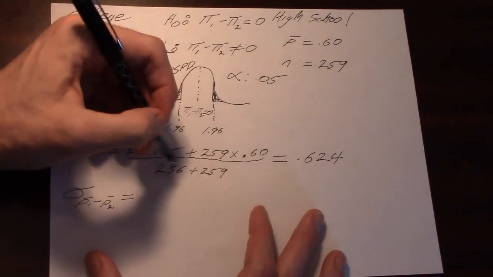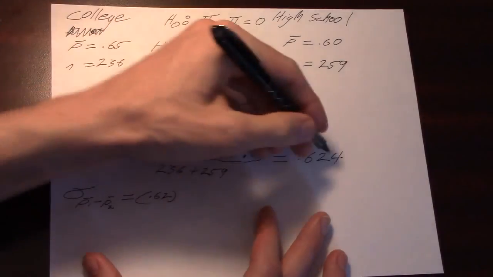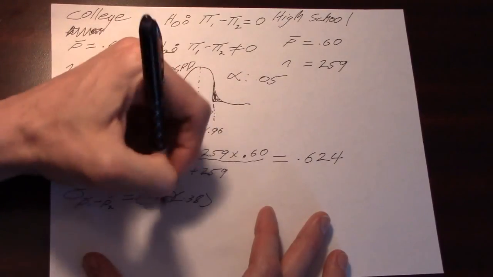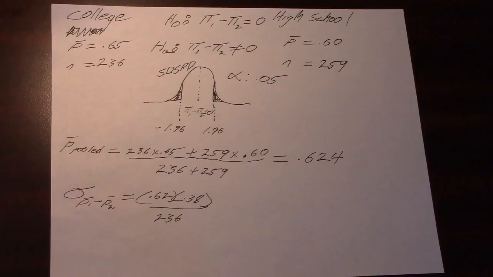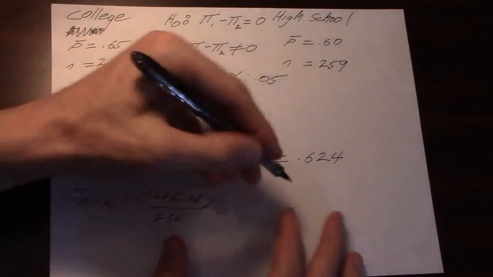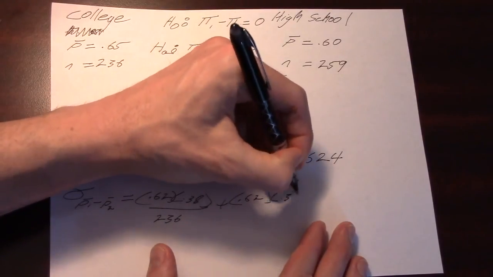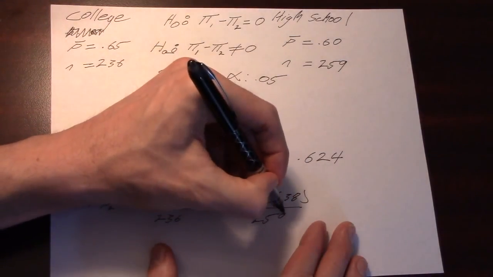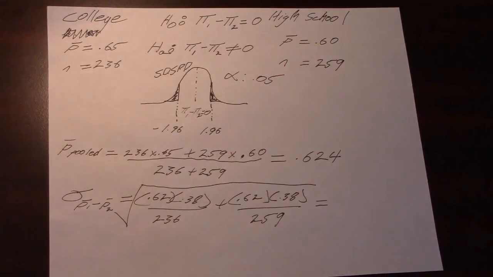That's going to be the square root of 0.62 times 0.38 divided by 236, plus 0.62 times 0.38 divided by 259. I'm using the exact numbers, I'm just writing 0.62 for simplicity. Divided by the sample sizes, yes. Alright, good luck. I'll see you on the flip side.